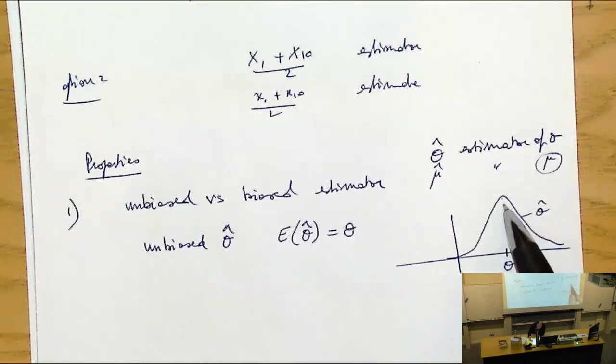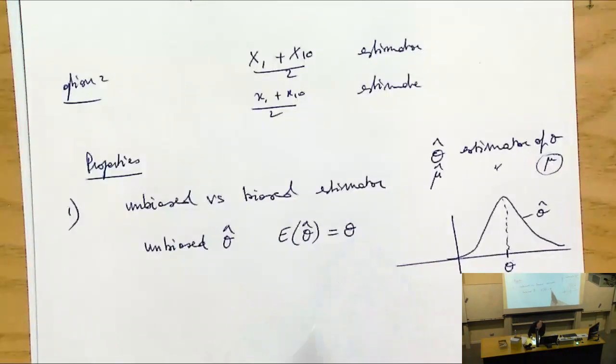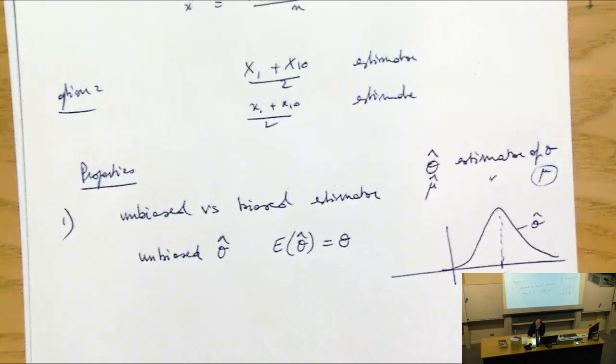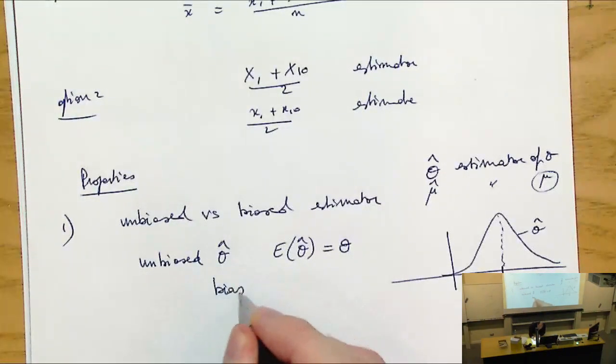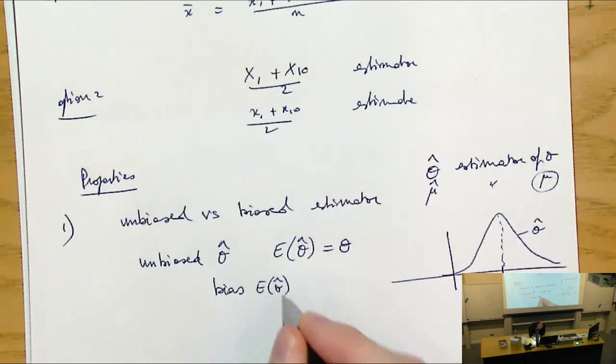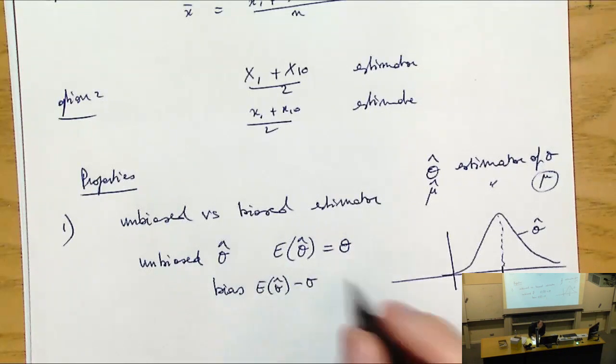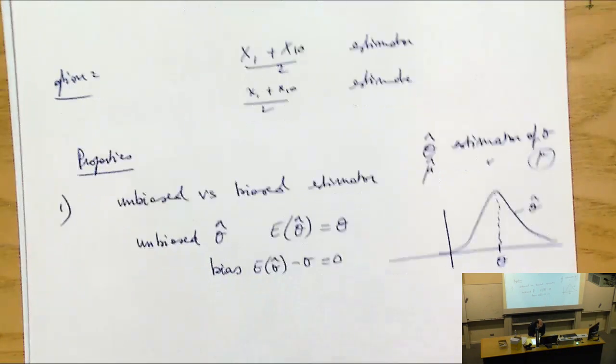If the expectation of that estimator is equal to theta, then on average that estimator will give me the correct value. So this is an unbiased estimator, and the bias, which is the expectation of theta hat minus theta, is equal to 0.